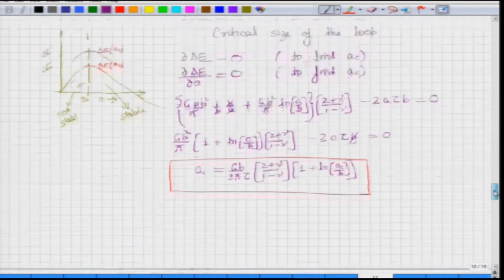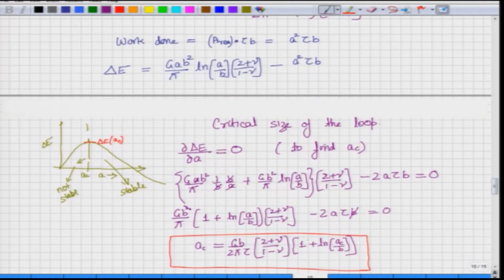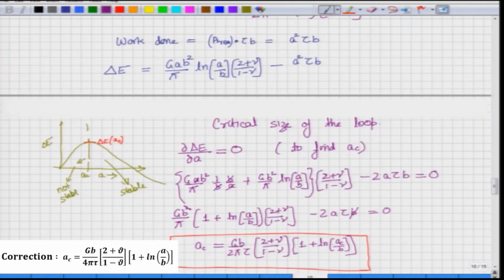So, here we will put this A critical value that we have obtained into this equation, but we will apply some trick to make this equation simpler. What is that trick? We will see in a moment.